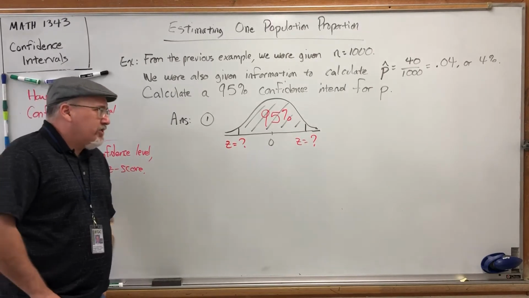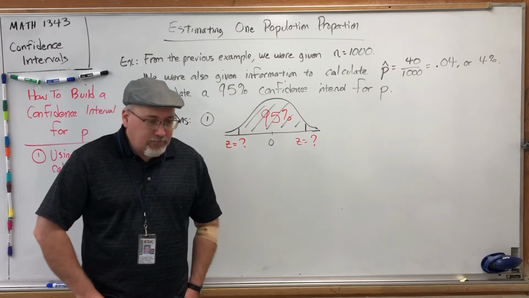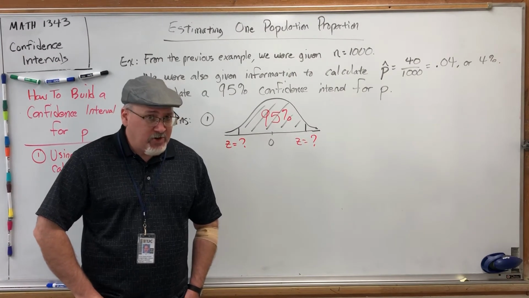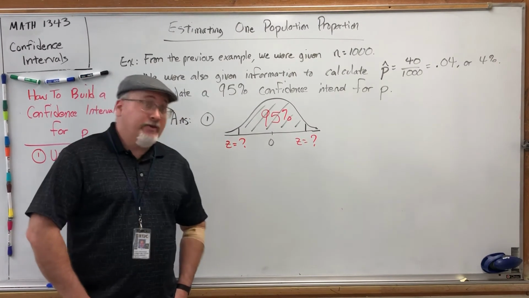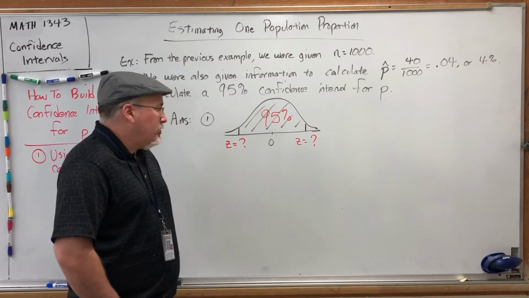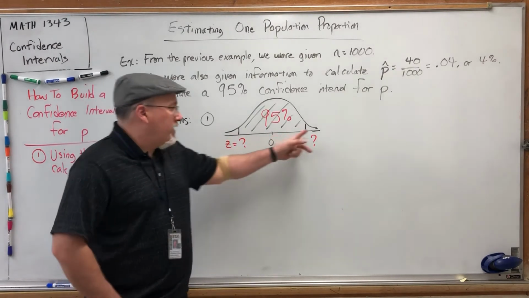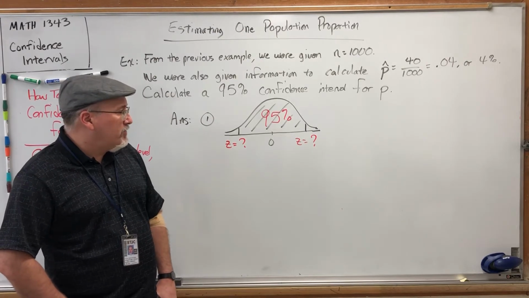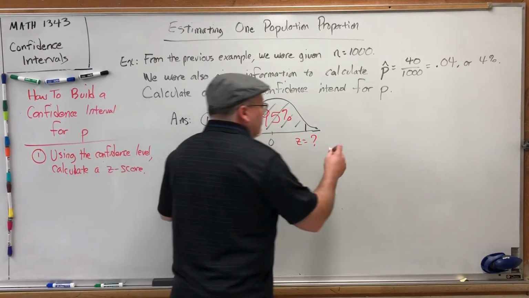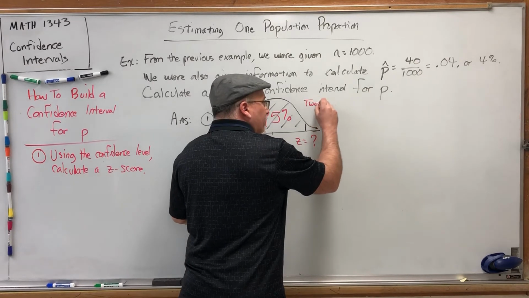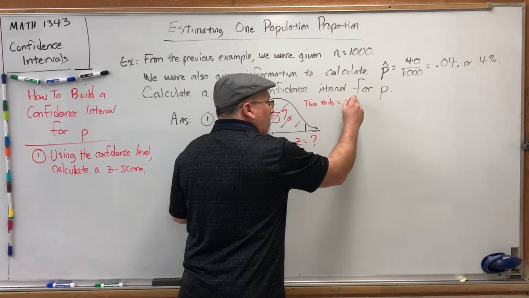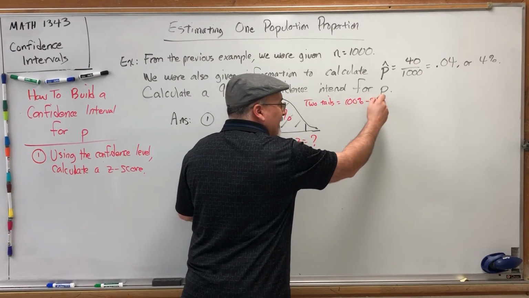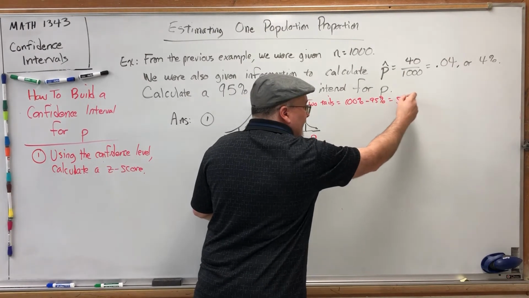We can find each individual tail's area by capitalizing on two things about this curve. Number one, the total area is 100%. And number two, symmetry. These two tails have the same areas. So to calculate the area of an individual tail, well, let's just do it this way. Together, the two tails are 100% minus 95%, which of course is 5%.